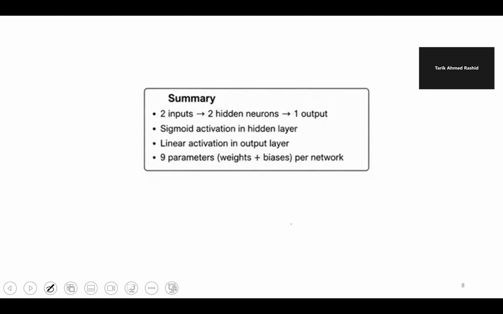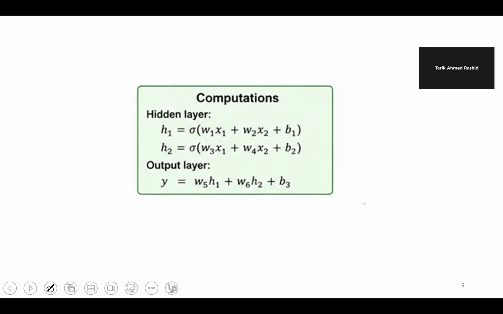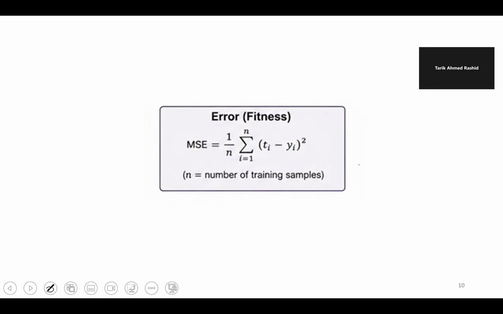So the summary of the network: we have two inputs, two hidden, one output. The sigmoid function can be used as the activation function. And we have three bias weights, two for the hidden layer and one for the output layer. So that is the net calculation for hidden 1, the net calculation for hidden 2, and the output layer.